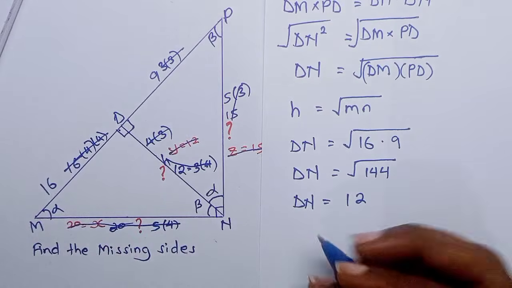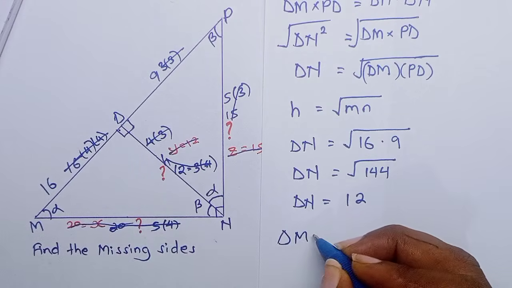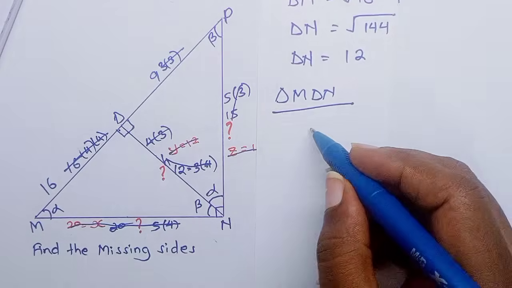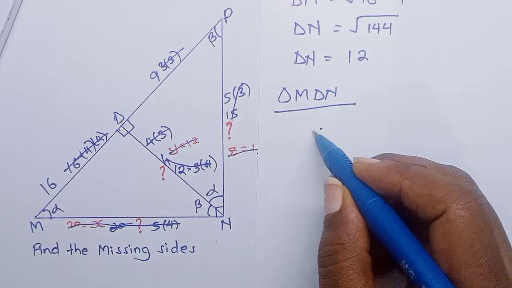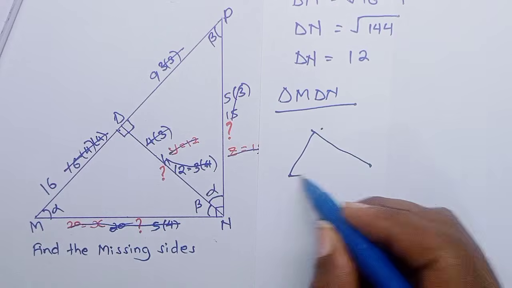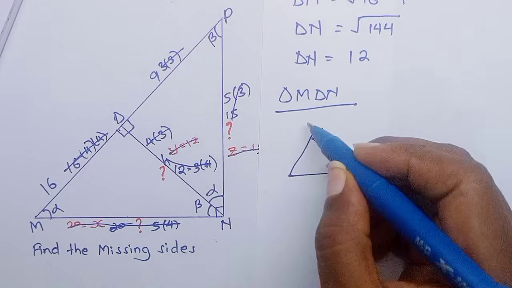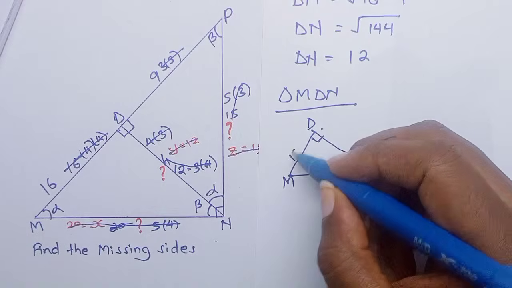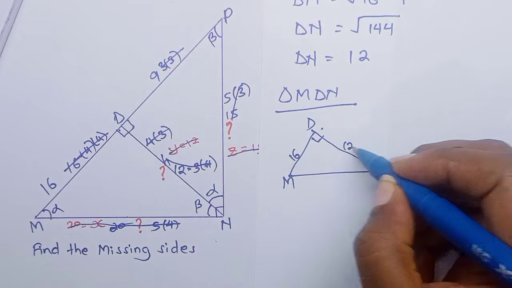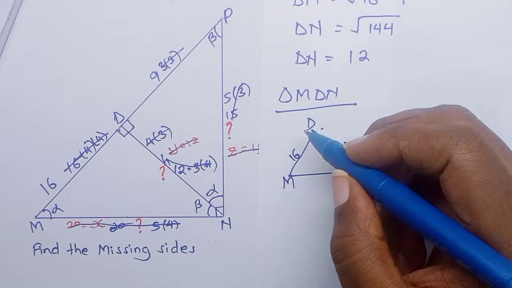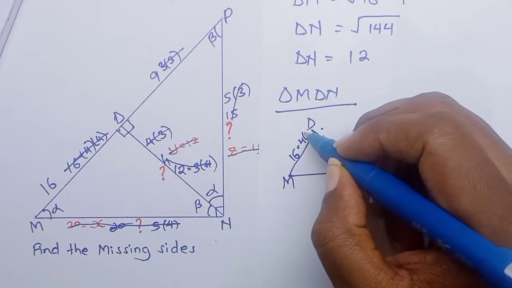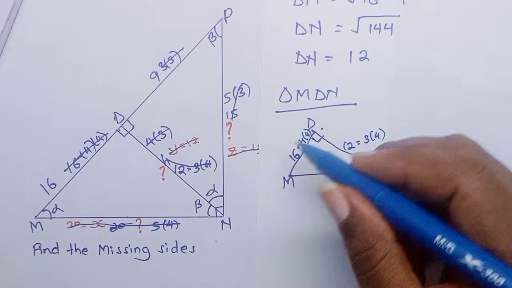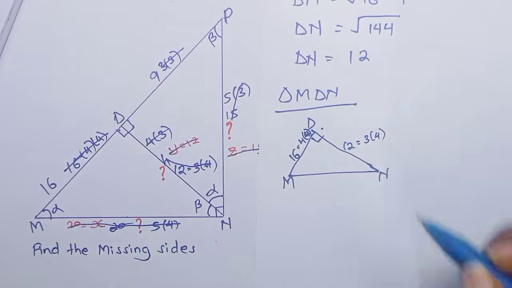Now considering this triangle MDN, this is 90 degrees, this is DMN, this side is 16, this we've got as 12, so 16 is the same as 4 by 4, and 12 is the same as 3 by 4, so 4 is the common multiple.